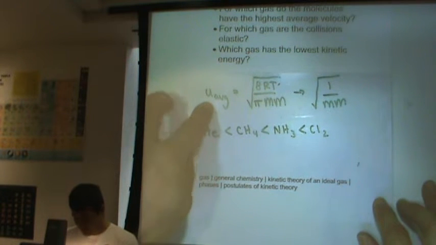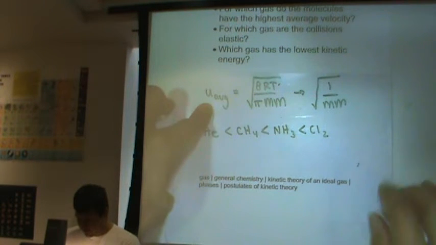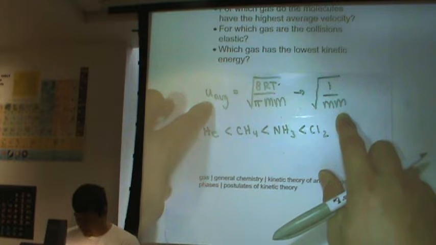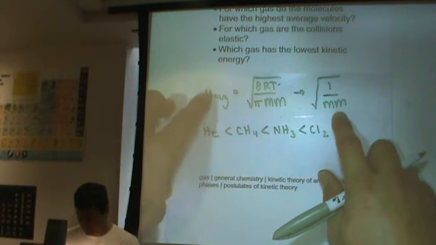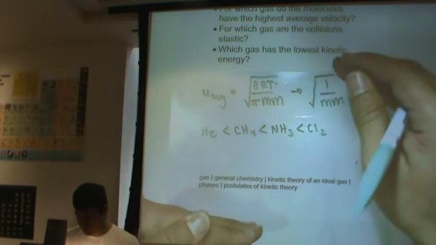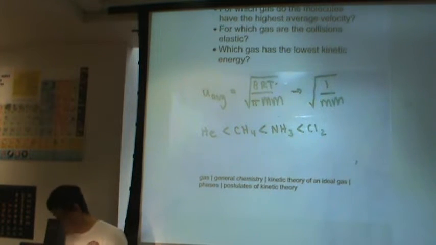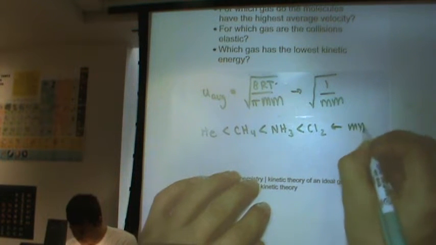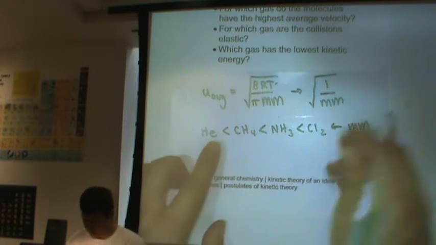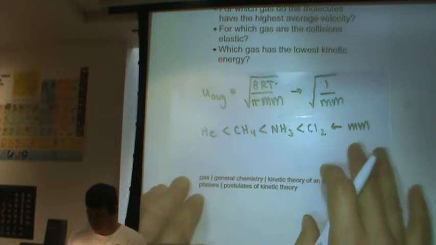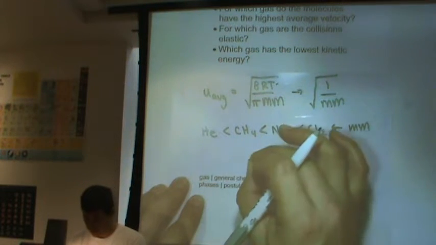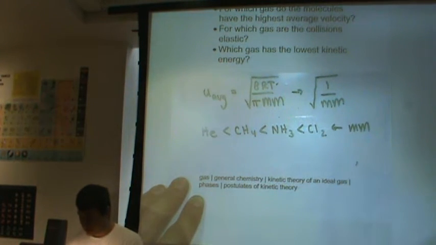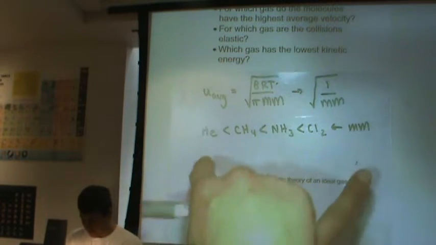So this average velocity is equivalent to 1 over the molecular mass. The larger this number becomes, the smaller this number becomes, so they're inversely proportional. If I arrange these from slowest molecule to fastest molecule, you'll notice it's just going to be flipped.